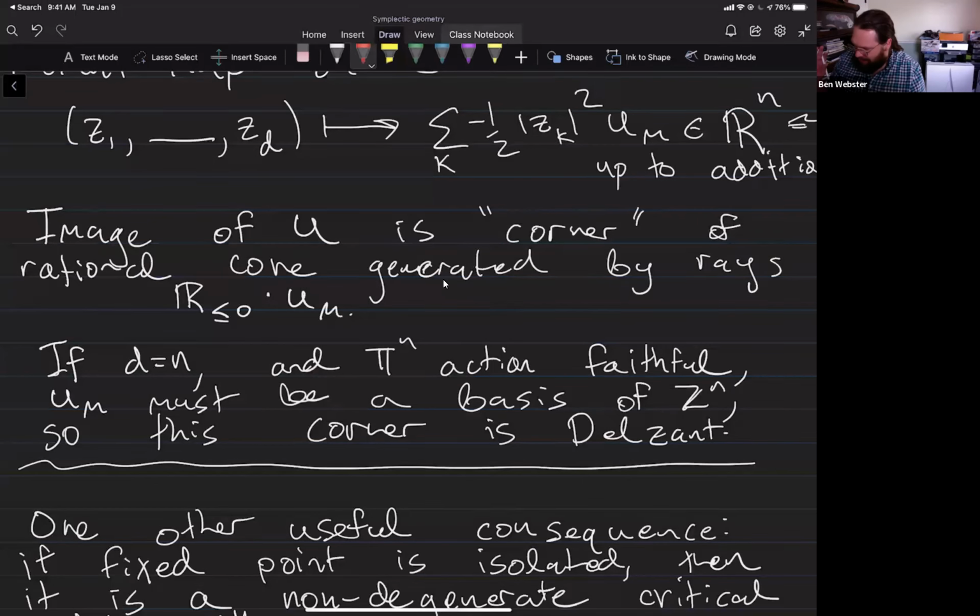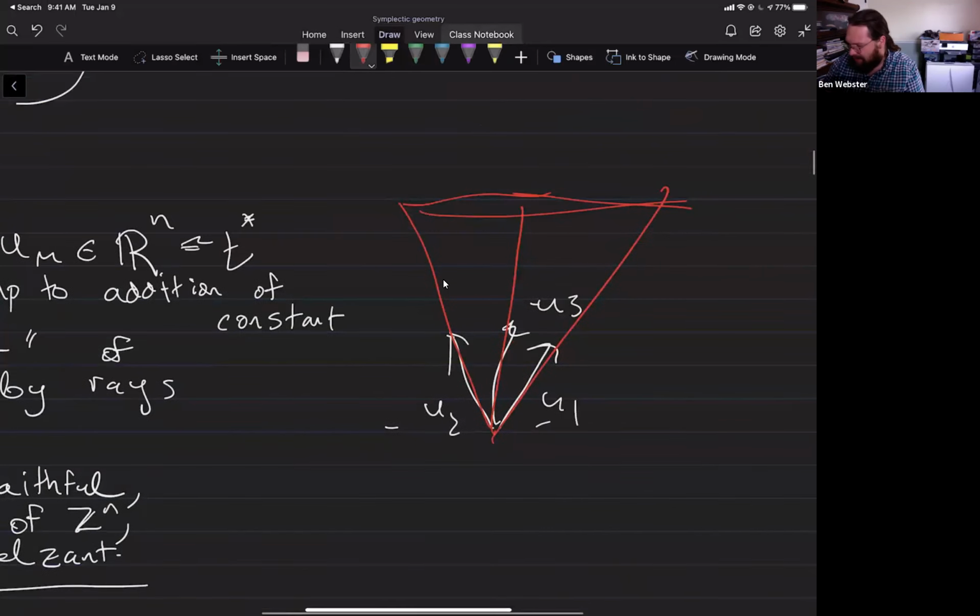So you have to have something that spans Z to the N as an abelian group. It has to generate Z to the N as an abelian group in order for the action to be faithful. And because D is equal to N, then it must actually be a basis of Z to the N. And those vectors are exactly the edges coming out of this vertex, right?